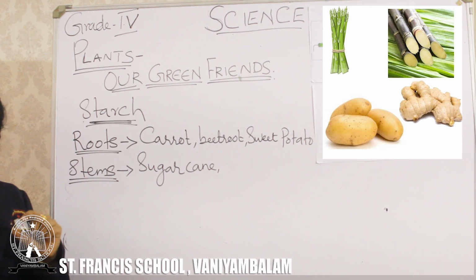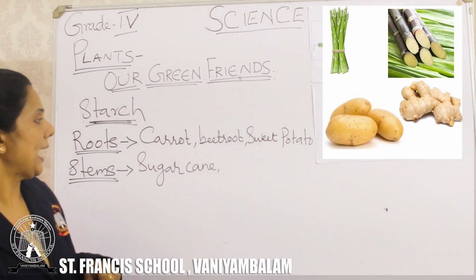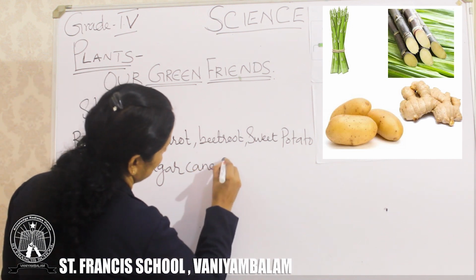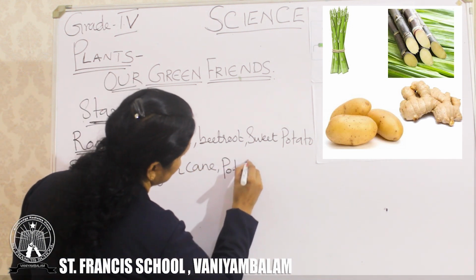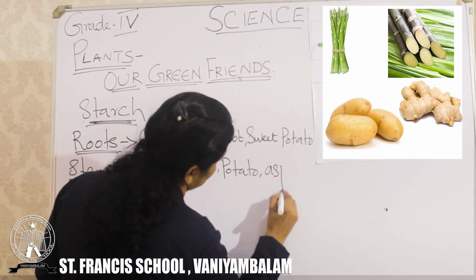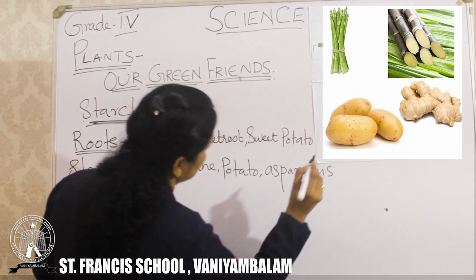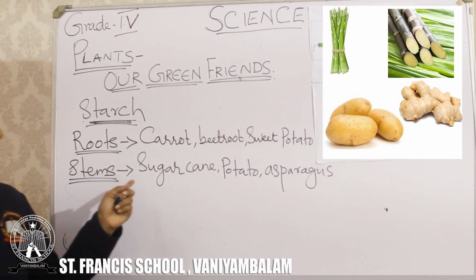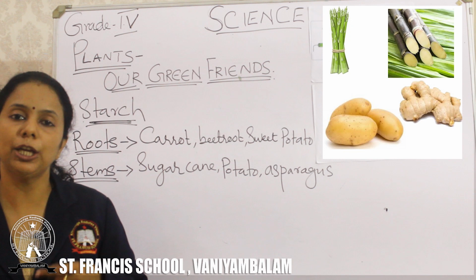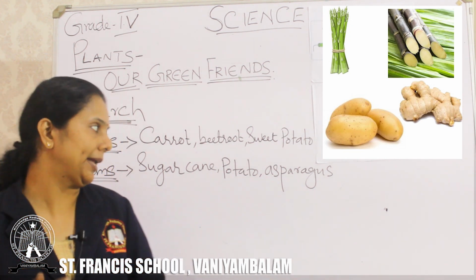In sugarcane, we use the stem as our food. And another example is potato. Potato is also a stem. And another example is asparagus. In these plants, we use the stem. That is, food is stored in the stem of the plant.